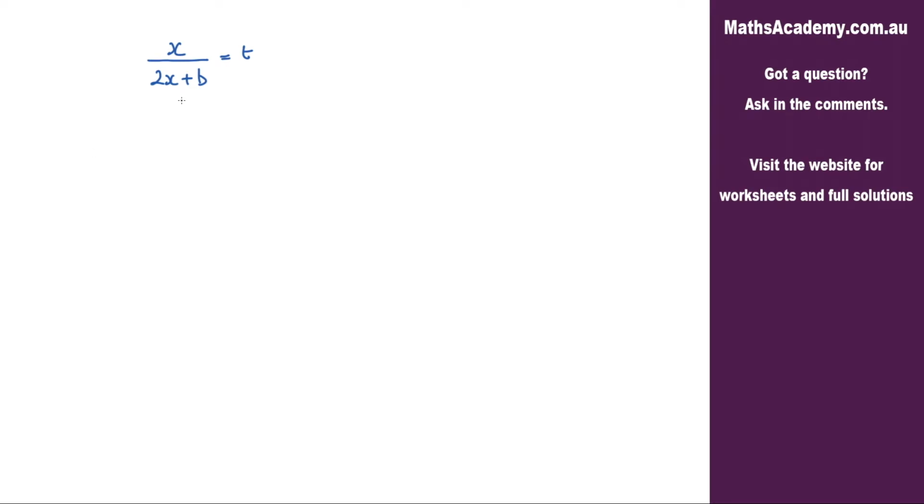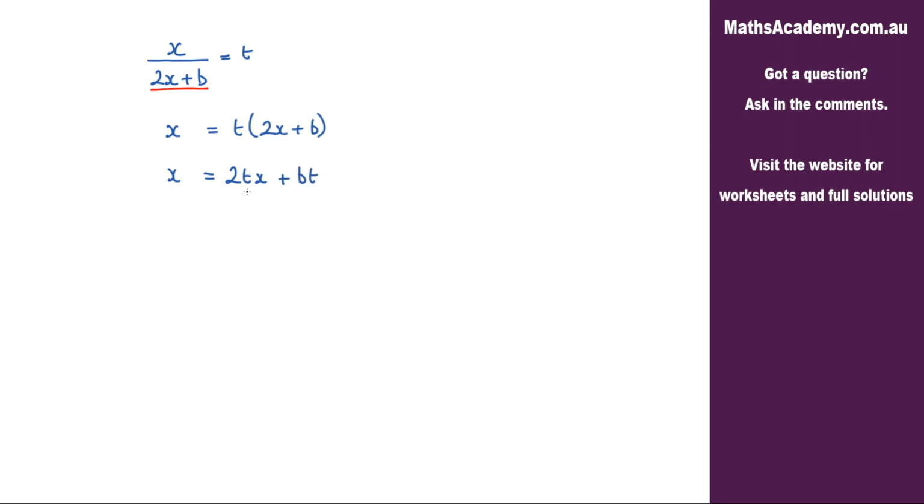The first thing I'm going to do is to multiply both sides by 2x plus b. So I'm going to multiply by this, which would give me the following: x equals t multiplied by 2x plus b. I can then expand this bracket on the right hand side, so x equals 2tx plus bt.